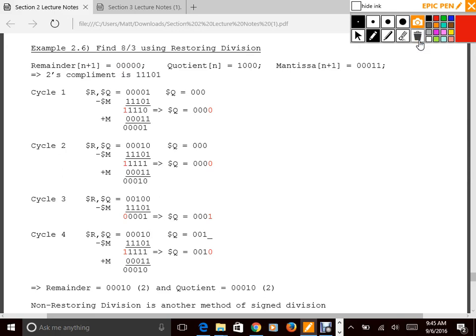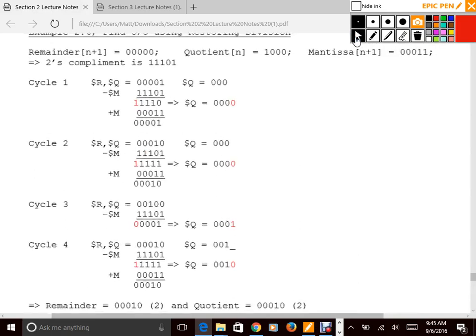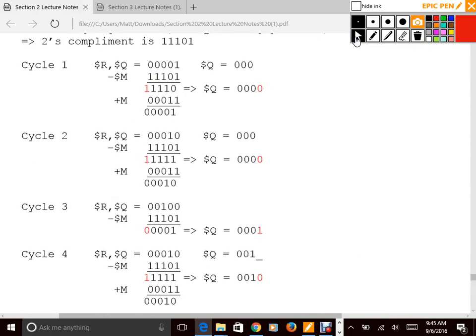The way I always set this problem up, I found this is the easiest way to do it, is to just have your remainder and your quotient next to each other. That way you can represent it and see it in bit shift form. So I can zoom in a little here so you all can see. But here's how I would draw out the first stage.